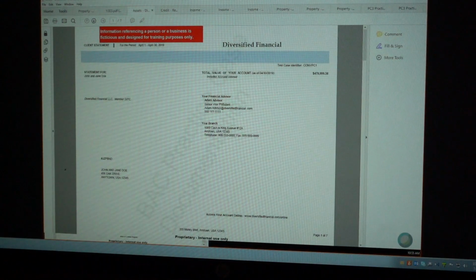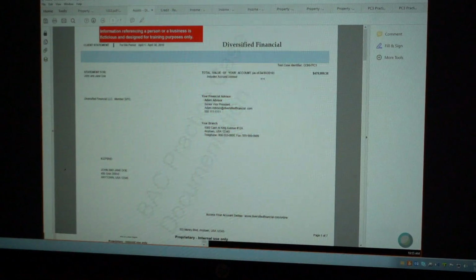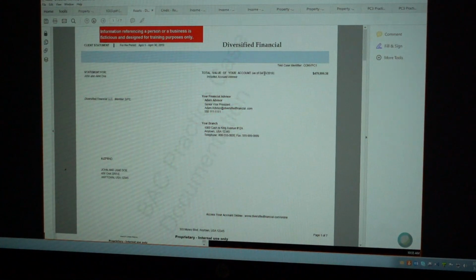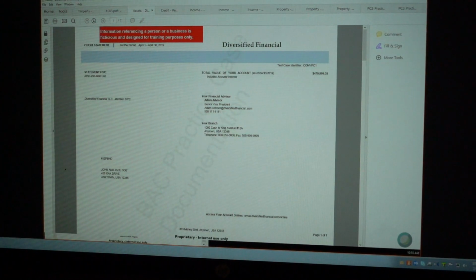So again, this is the brokerage firm for Diversified Financial. This statement is from April 1st to April 30th. This is an account as of 4/30/2019, so obviously it looks like it's a new account.